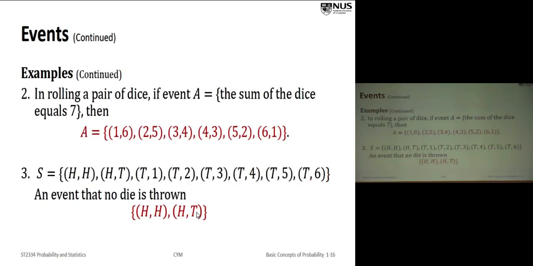So let's have a look at example 2. Again, that was rolling a pair of dice. You get 1, 2, 3, up to 6, and so on. Now here's something you may be interested in: the sum of the dice is equal to 7. Some of you might know a bit about dice games, and that might be a score you're interested in. This particular event we're calling the event A. It's a set.